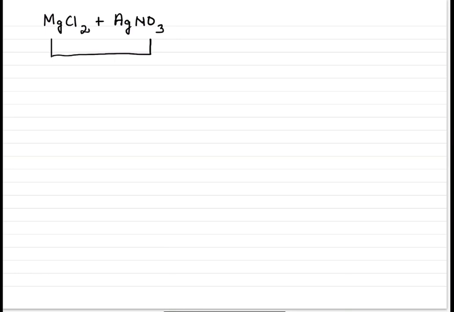So magnesium will combine with nitrate, and magnesium is Mg2 plus and nitrate is NO3 minus. So that's the cation and the anion. And in the other one, Ag and chloride.